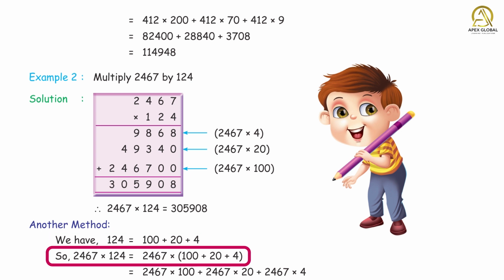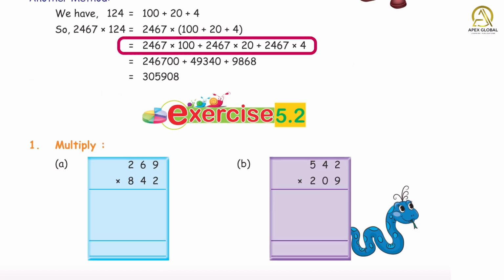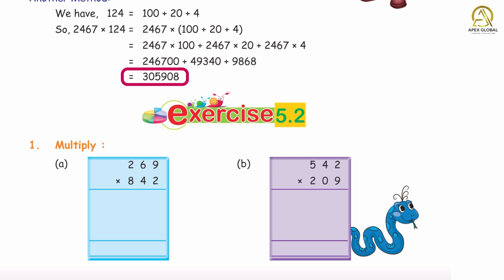So 2,467 into 124 is equal to 2,467 into 100 plus 20 plus 4. 2,467 into 100 plus 2,467 into 20 plus 2,467 into 4 is equal to 2,46,700 plus 49,340 plus 9,868 is equal to 3,05,908. Exercise 5.2. Question 1.